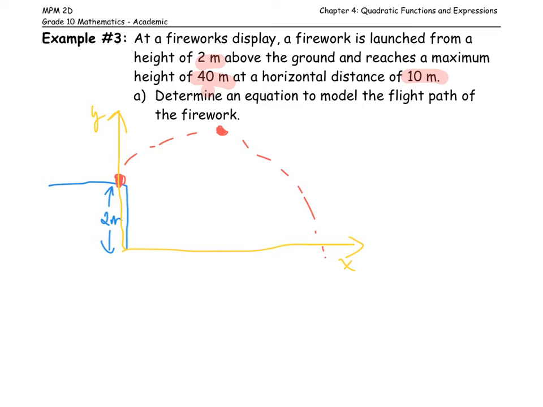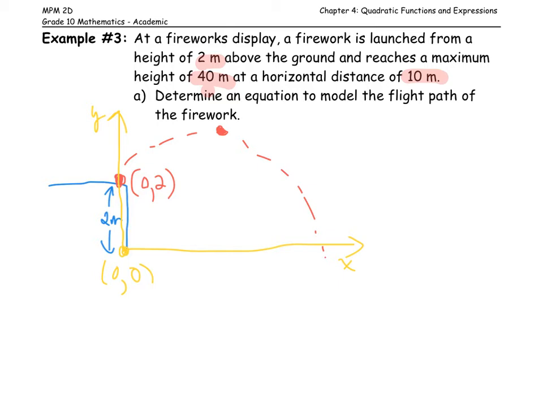So right here, if I'm considering this point right here to be my origin, that allows me to set out some other coordinates on this graph. So for example, I can suggest to you that the starting position of the firework is at 0 and 2 meters. So I'm going to create a coordinate 0 and 2.